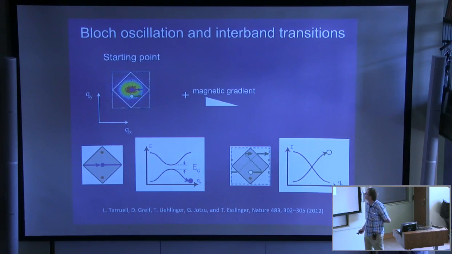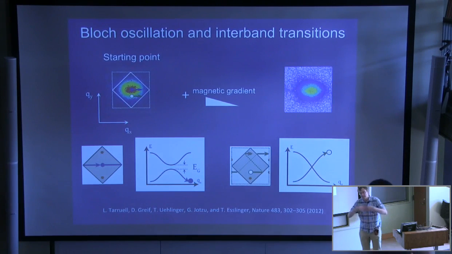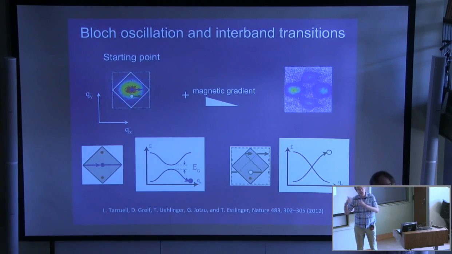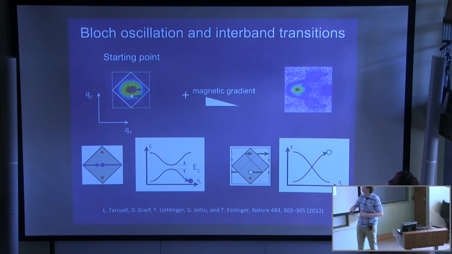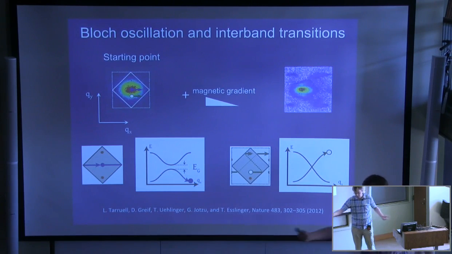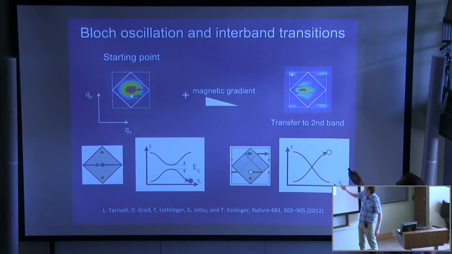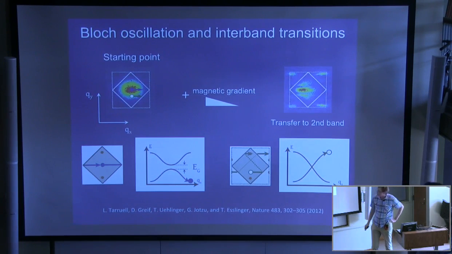And that we can measure by switching off the lattice gradually and then doing a band mapping, which maps quasi-momentum onto real momentum, and the higher bands will lie further outside. So these are the missing atoms in the lowest band, and these are those transferred to the higher band. So that reflects the Dirac points.